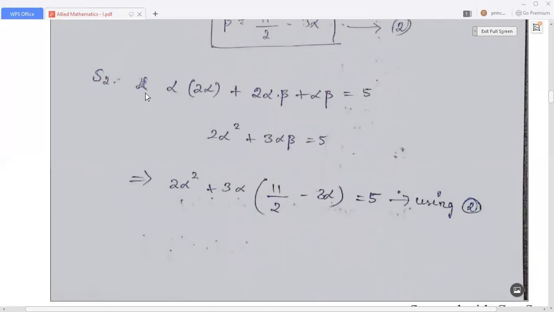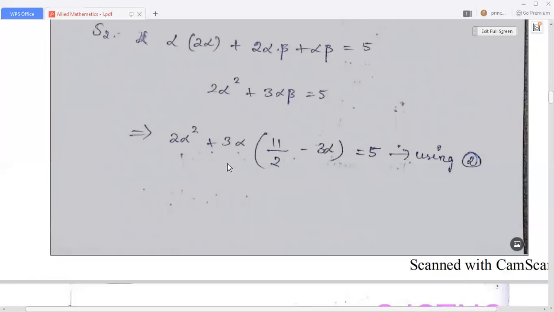Next, we calculate the sum of product of roots taken 2 at a time. That is S2. So that is equal to 5. When you simplify this, we get 2 alpha square plus 3 alpha beta is equal to 5. Now we simplify this equation by substituting beta equal to 11 by 2 minus 3 alpha. So this implies 2 alpha squared plus 3 alpha into 11 by 2 minus 3 alpha equal to 5.